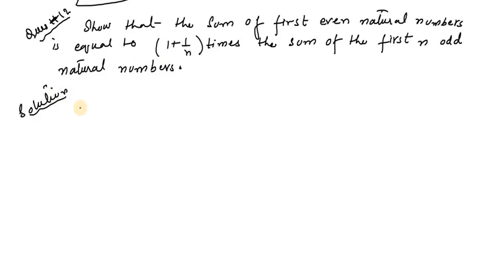The natural numbers are 1, 2, 3, 4, 5 and so on.